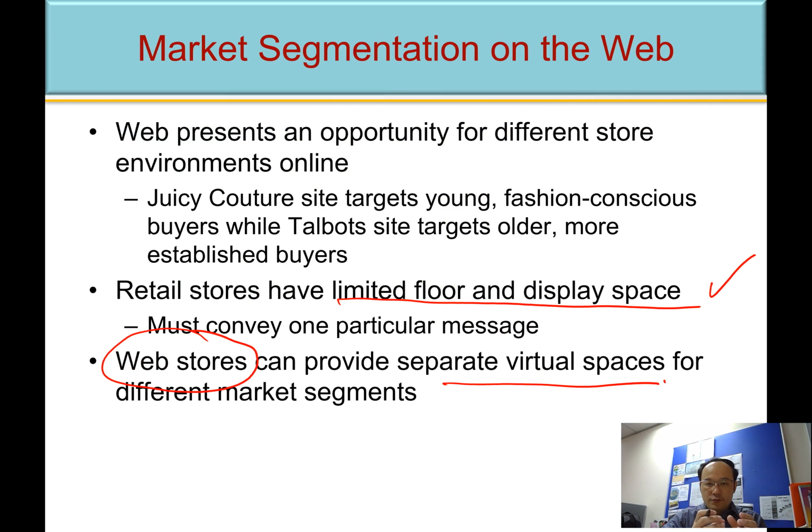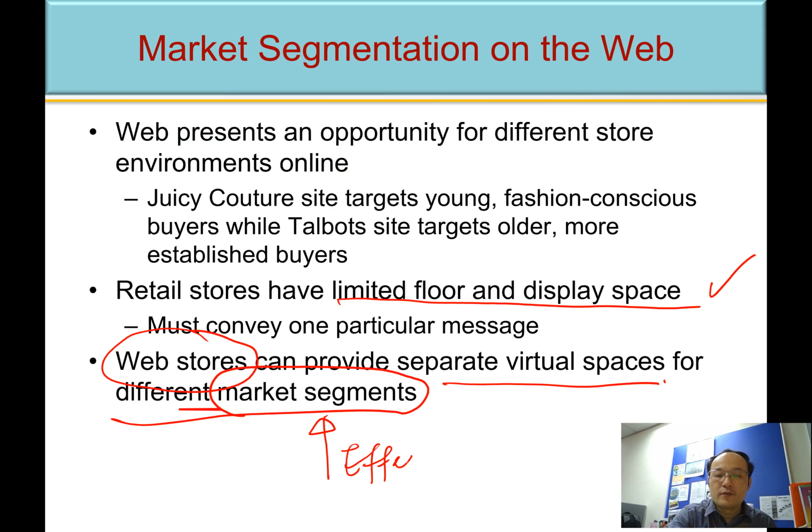Why? Different virtual spaces are able to focus on different market segments. This is important, whereas a physical retail store is unable to do that. So this is more effective; the web store is more effective.